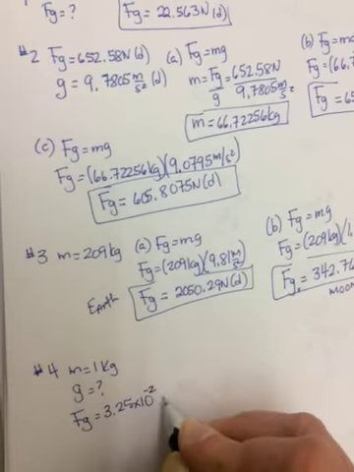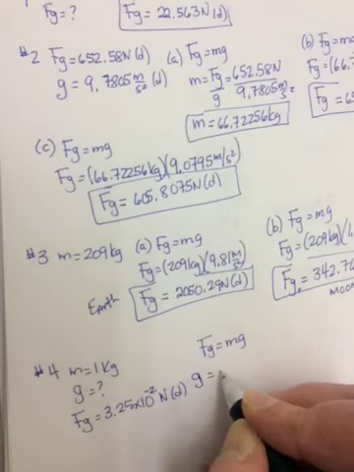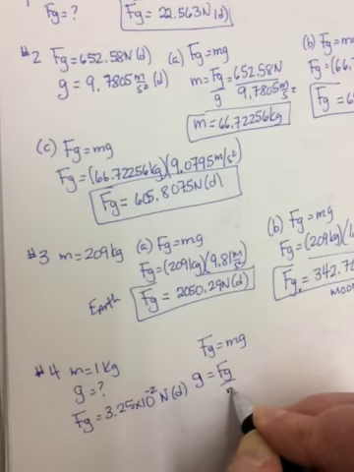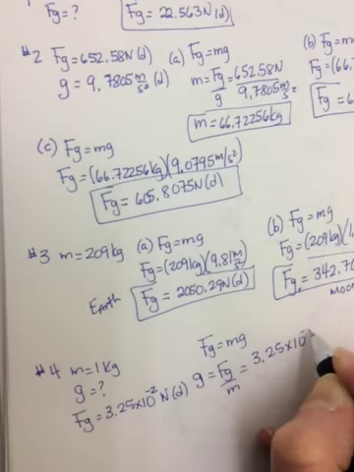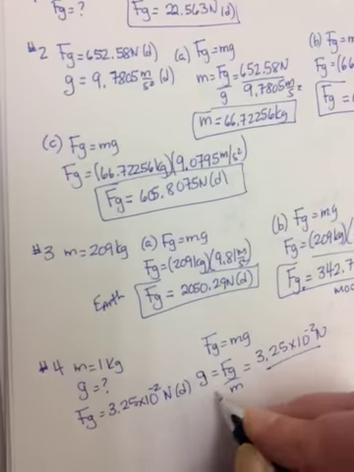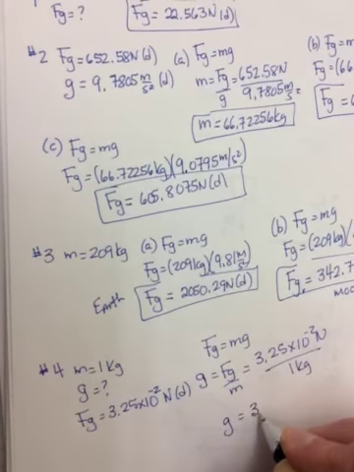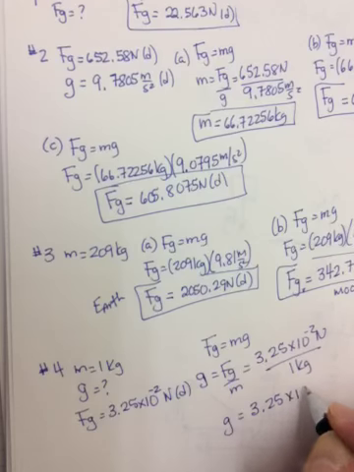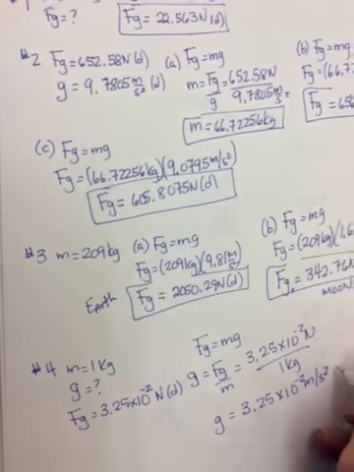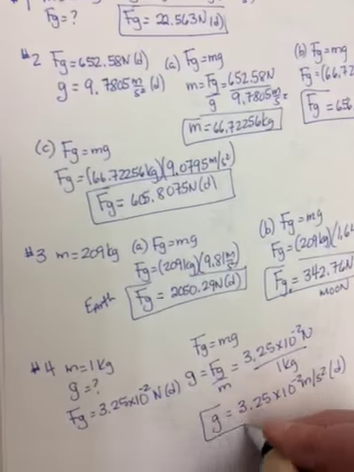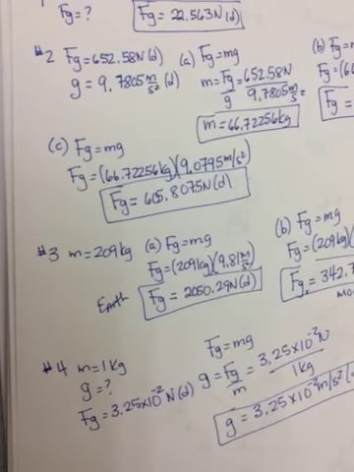So again, Fg is equal to mg. You're looking for a little g this time, so divide both sides by m. So Fg divided by m, so 3.25 times 10 to the negative 2 newtons divided by 1 kilogram. Hopefully you don't have to type that in your calculator. 3.25 times 10 to the negative 2, a newton divided by a kilogram, meter per second squared, down. Okay, so there are the 4 questions from page 137.